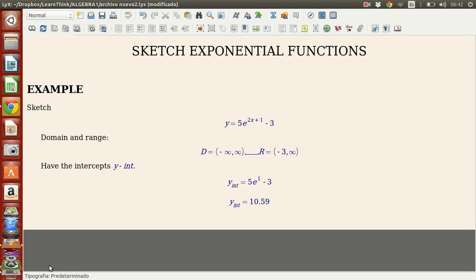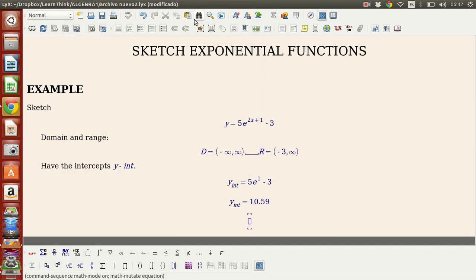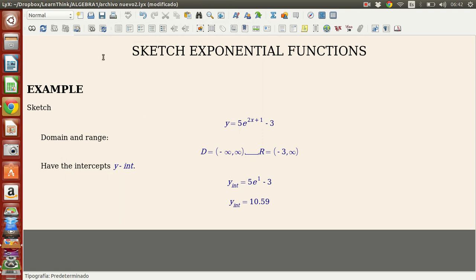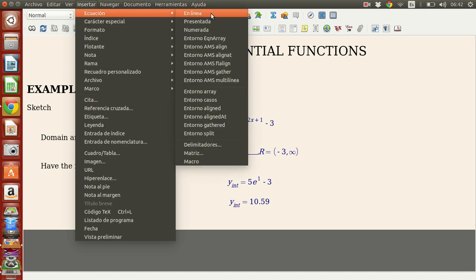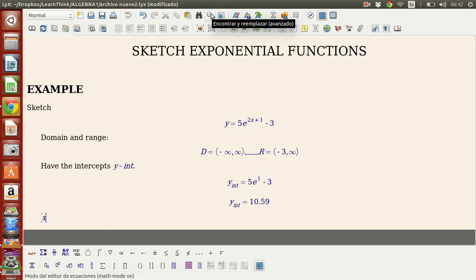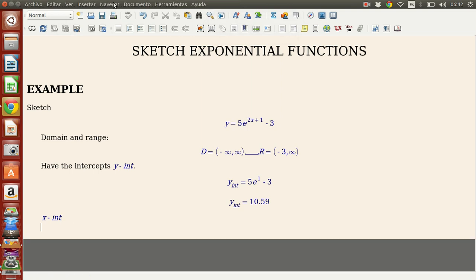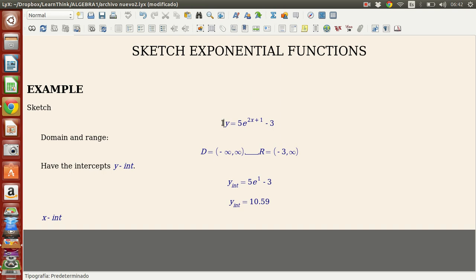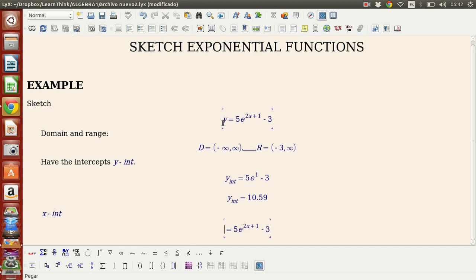Now you can find the x-intercept. The x-intercept is when y equals 0.